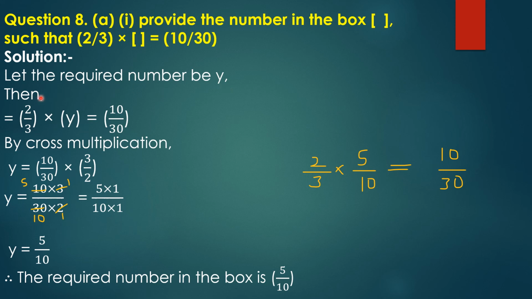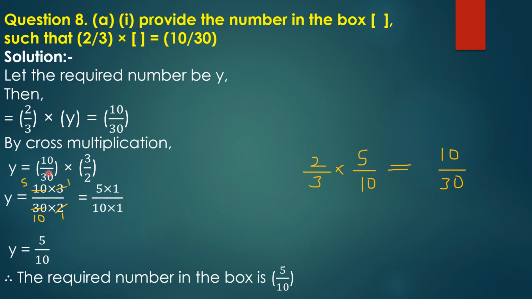Then 2 by 3 into y equal 10 divided by 30. Now, we have to find the value of y. Therefore, y is equal to, by cross multiplication, 10 by 30 into 3 by 2.